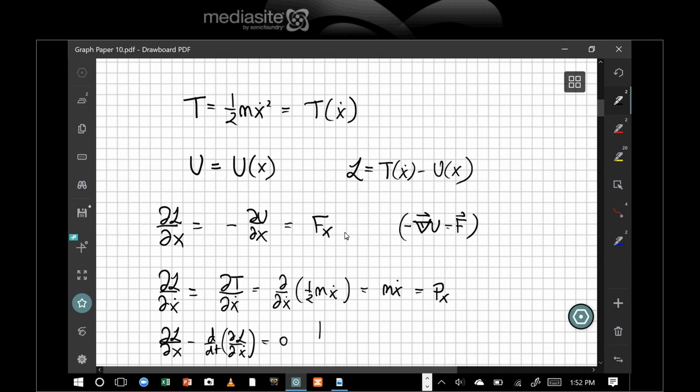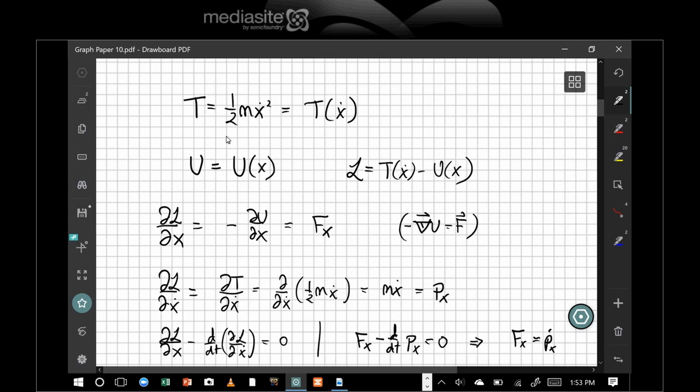So let's put those terms in, and I'm going to get F of x minus d/dt of p sub x equals 0. Well, what is that equation saying? That equation says F of x is equal to p x dot. And that's Newton's second law.